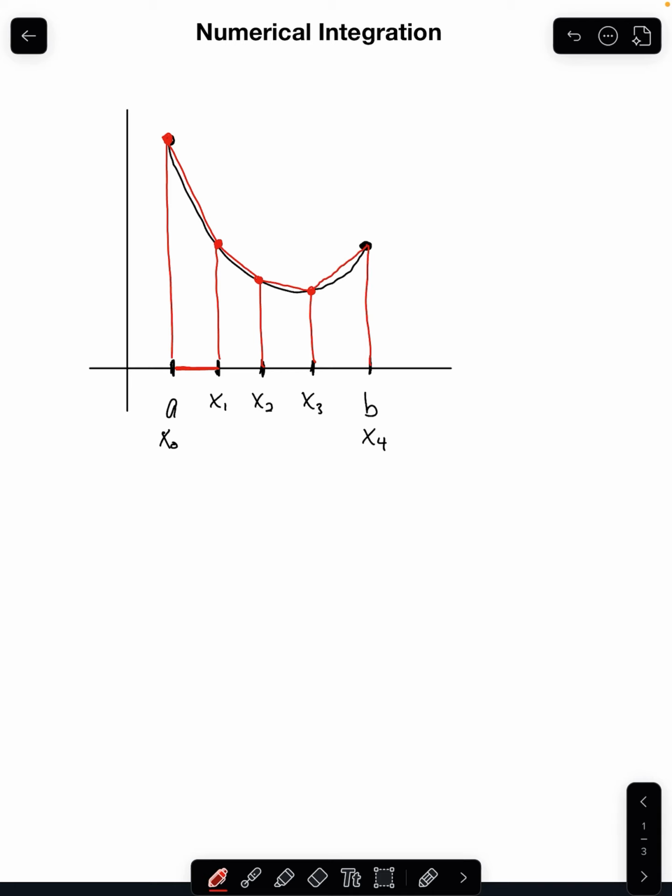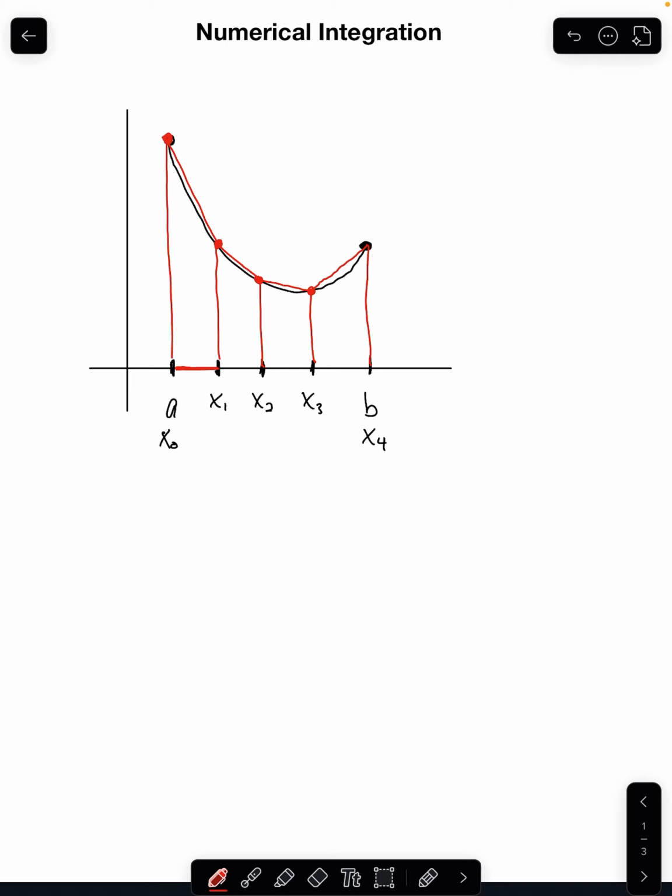Now again, depending on the concavity of the curve here, we may find that the trapezoid rule overestimates or underestimates. However, I think we can agree that the shape traced by each of those diagonal line segments is definitely a better approximation of the actual shape of the curve than a series of horizontal line segments would do.